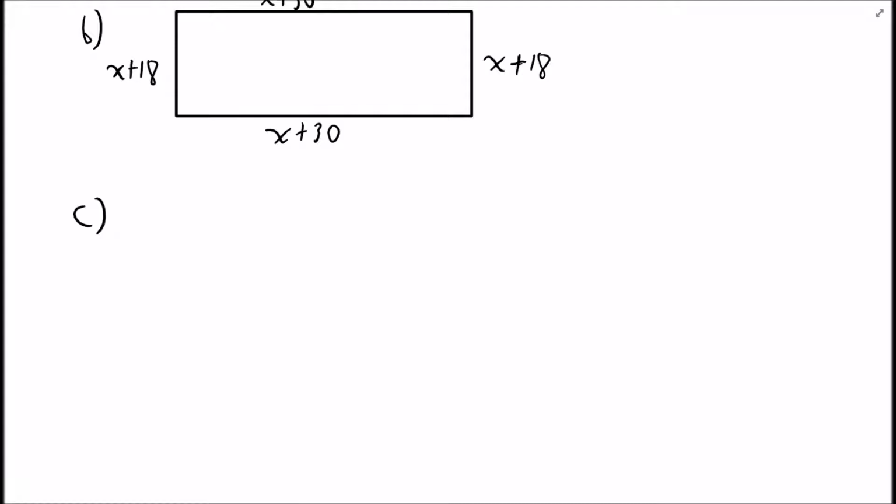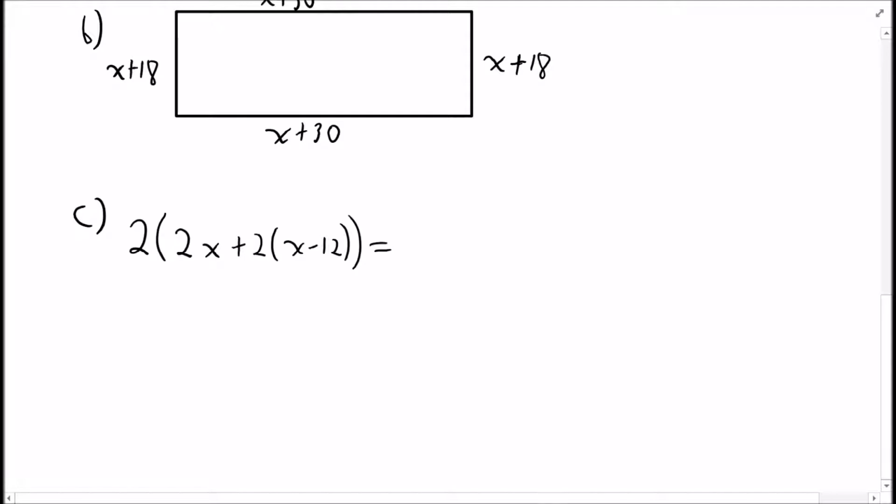So if we go 2 times the perimeter of the first one, and the perimeter of the first one would be 2 times x, because we have two lengths, plus 2 times our width of x minus 12, that is equal to the perimeter of the second garden. So that would be 2 times the length, x plus 30, plus 2 times its width, because there's two of them, x plus 18.